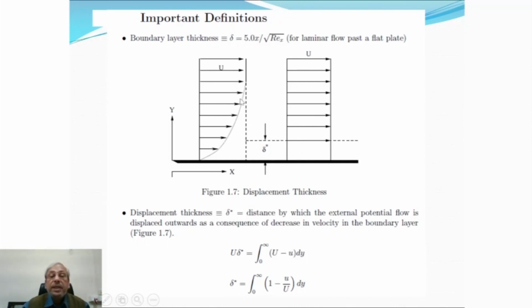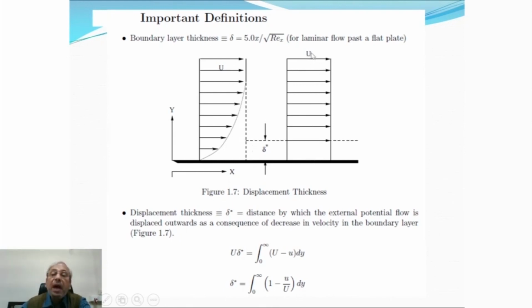Had there been a potential flow throughout, how much would the external potential flow have been displaced as a consequence of decrease in velocity in the boundary layer? That we can estimate.